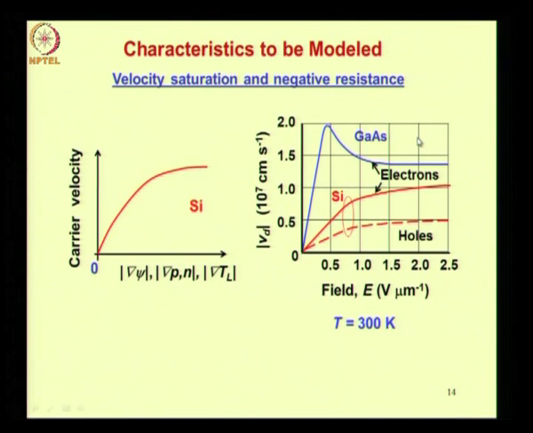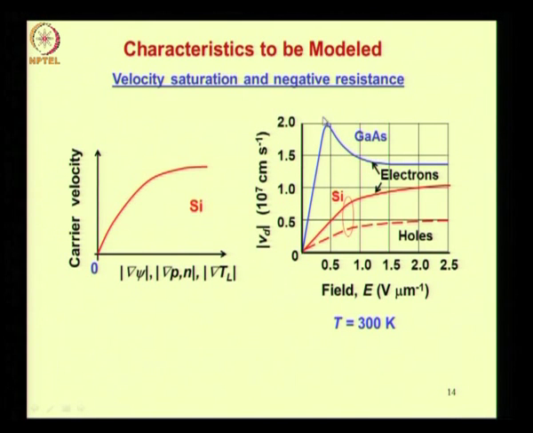Now when you come to gallium arsenide, what you find is the velocity increases linearly for small electric fields, but it overshoots the saturation velocity, and then for larger electric fields there is a region where the velocity decreases with electric field and then the velocity saturates.